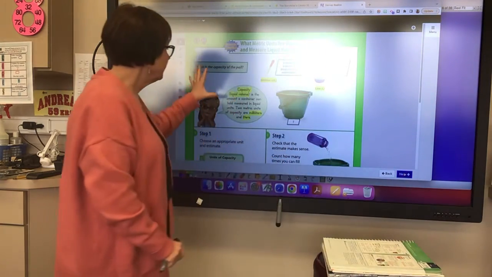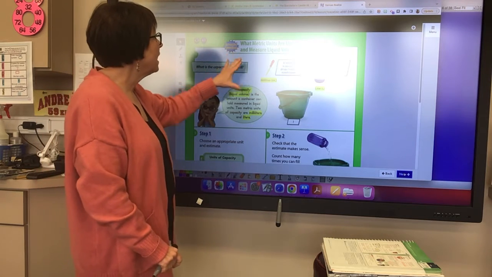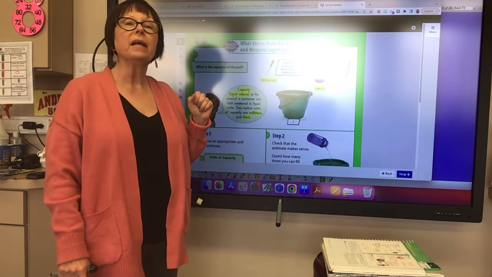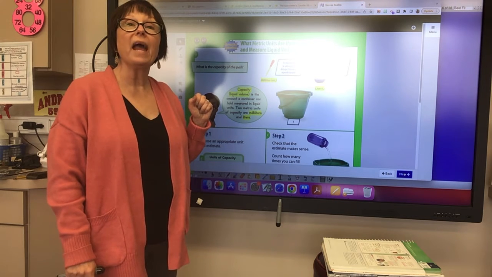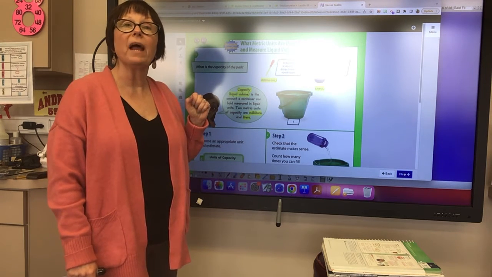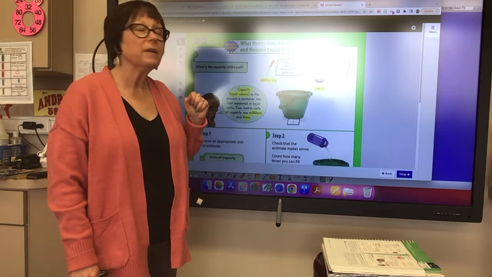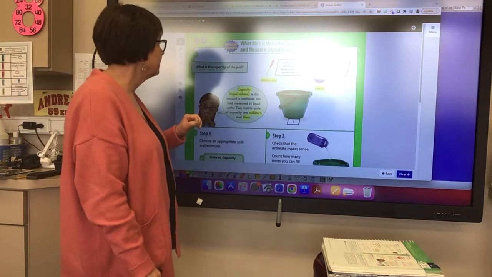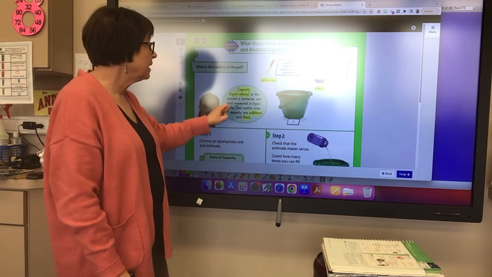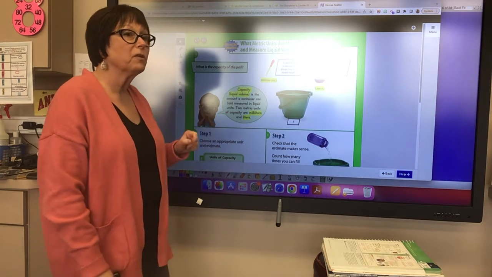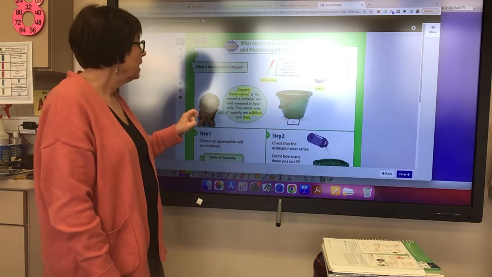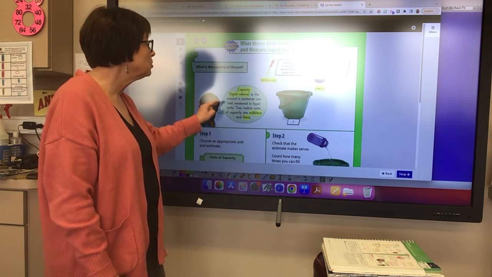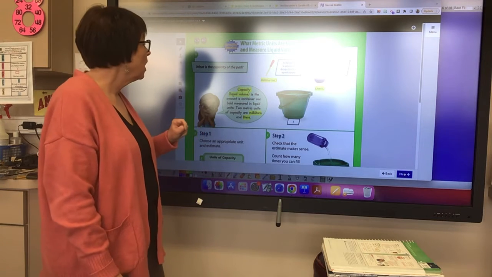So let's go over again our capacity. Everybody, I need you to look on your page. Everybody put your eyes on your page. It says, what is the capacity of the pail? So capacity, which is another word for liquid volume, is the amount a container can hold measured in liquid units.